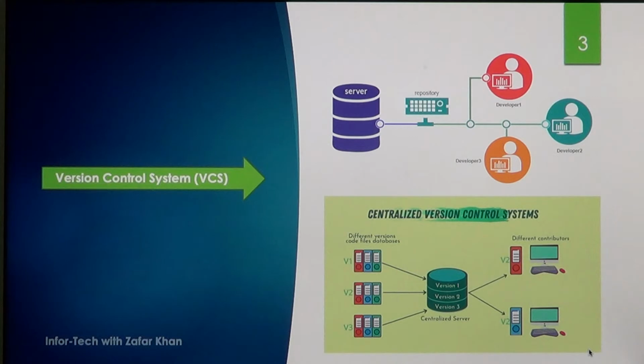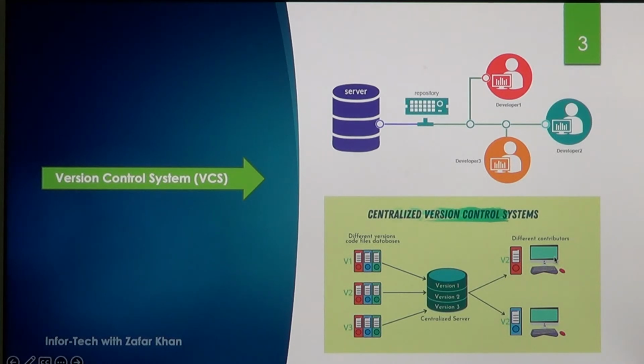So basically version control systems are of two types. The first one is the centralized version control system, which is shown in the diagram over here. And the second one is the distributed version control system. In the centralized version control system, there is a server and a client. So this is the server basically, and this is a client.